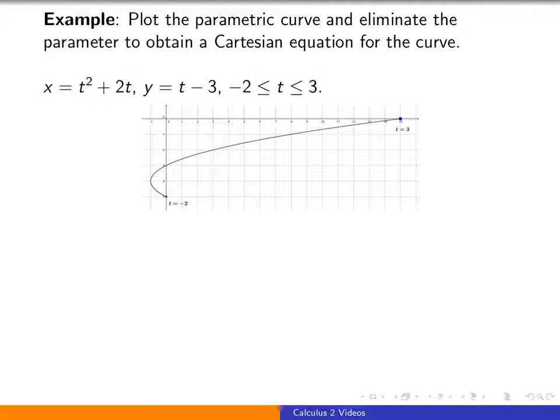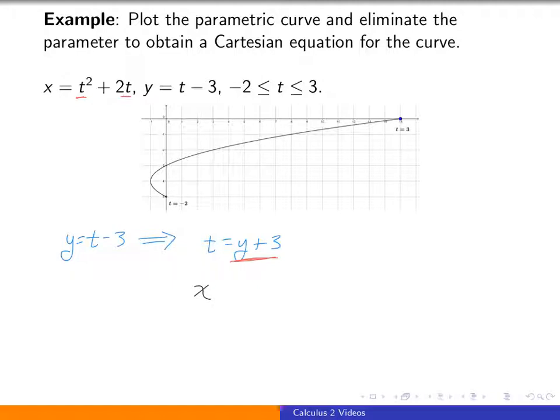So we need to make an observation. y equals t minus 3 would imply to us that t is equal to y plus 3. So we can take this value that we have for t, it's equivalently y plus 3, and go up to our x equation, and both of the t's that we have present we can replace with y plus 3.